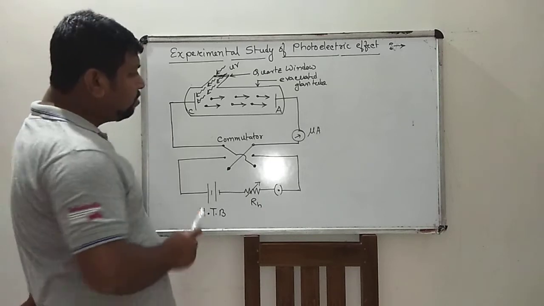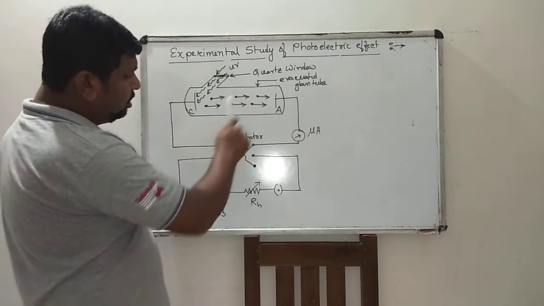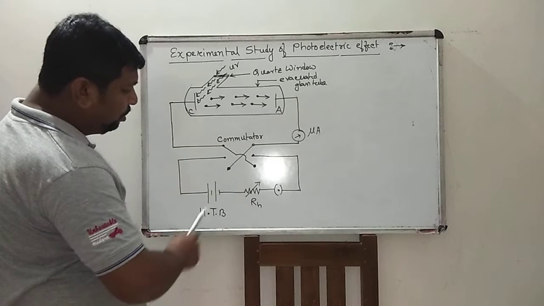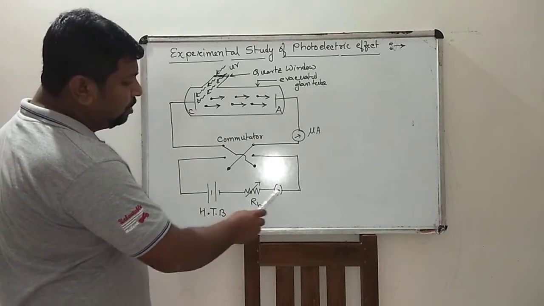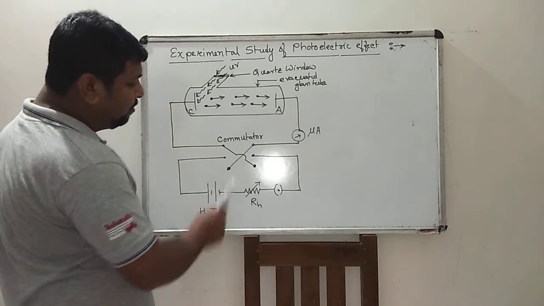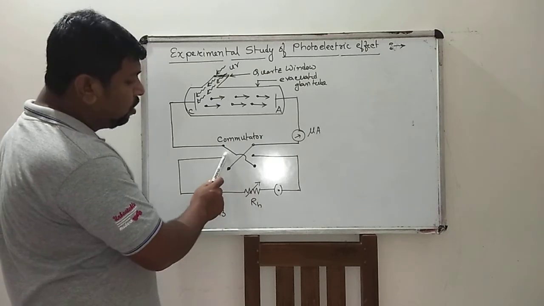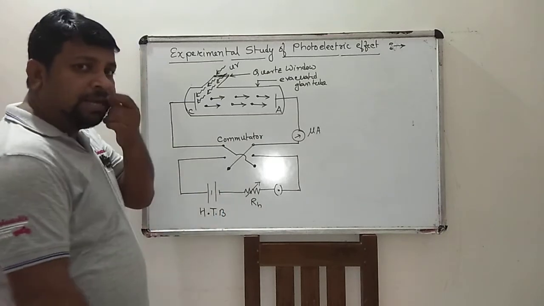This glass tube is connected with a high tension battery, a rheostat and a two-plug key through a commutator. This is the commutator. A commutator is a reversing switch.